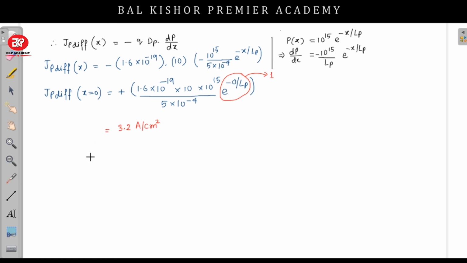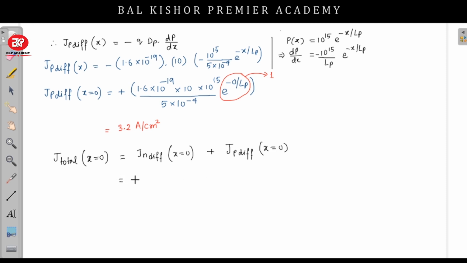So what will be the value of J total? J total at x equals 0 is equal to Jn diffusion at x equals 0 plus Jp diffusion at x equals 0.